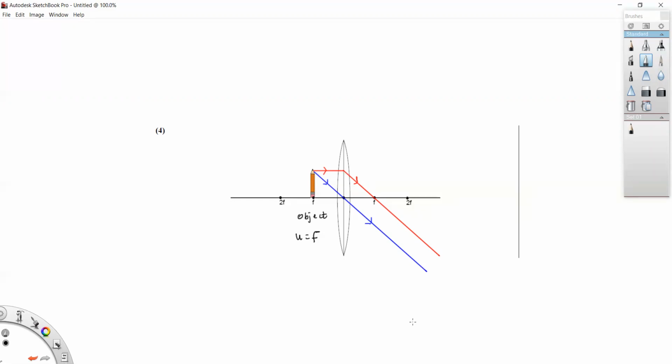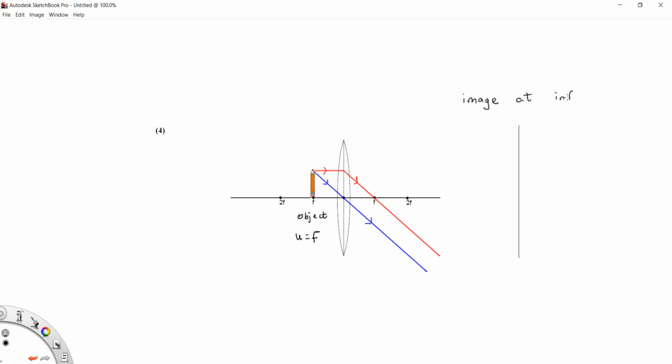The same side case would be when we are talking about the diverging lens, or rays diverging after refraction. These are not divergent rays. So what I can say is, since I don't know where the image is, I would say image at infinity. What is infinity?